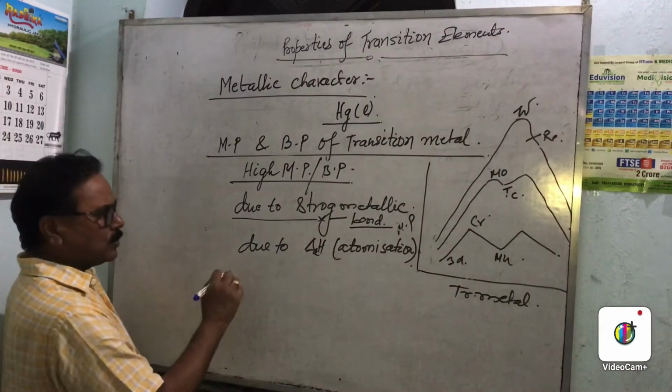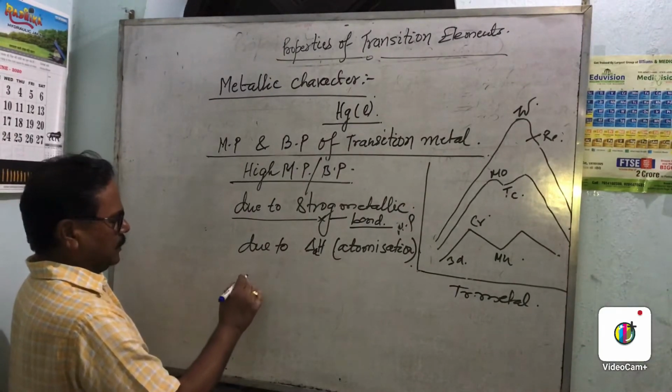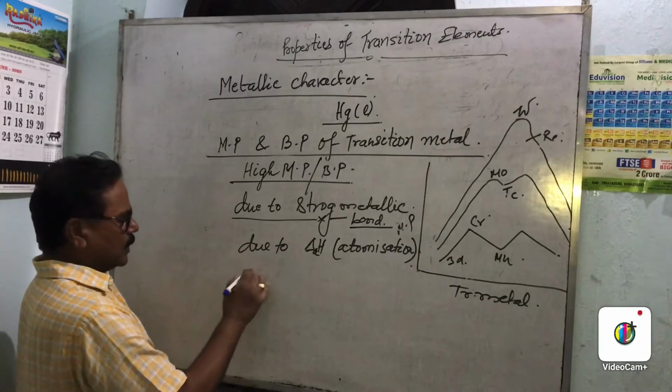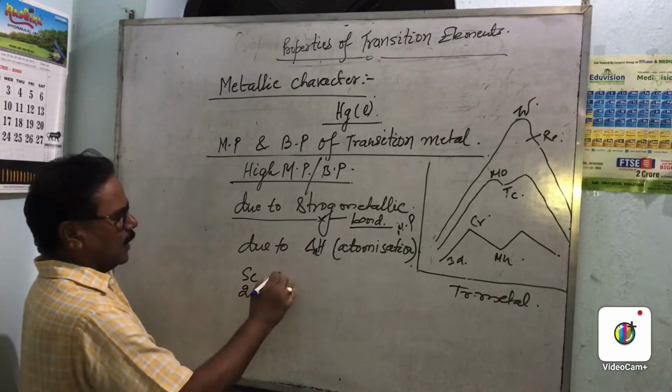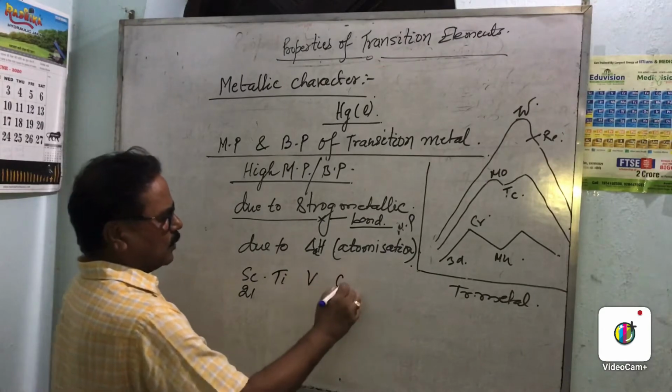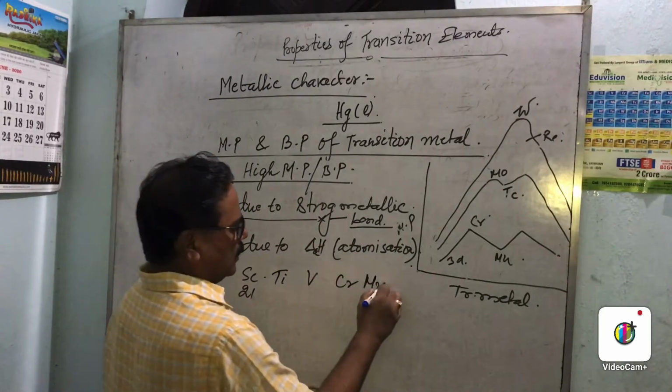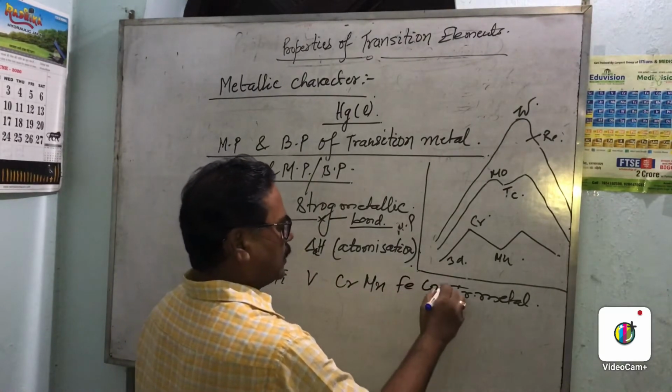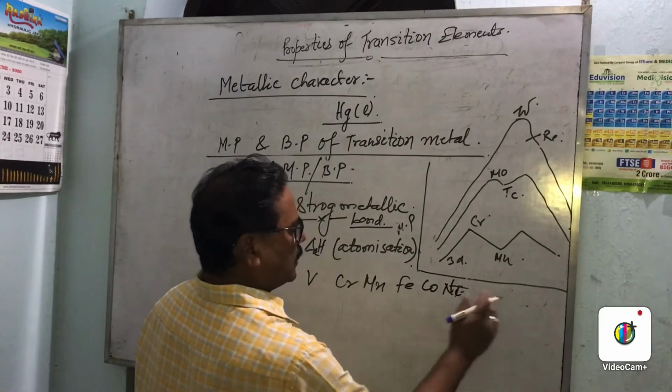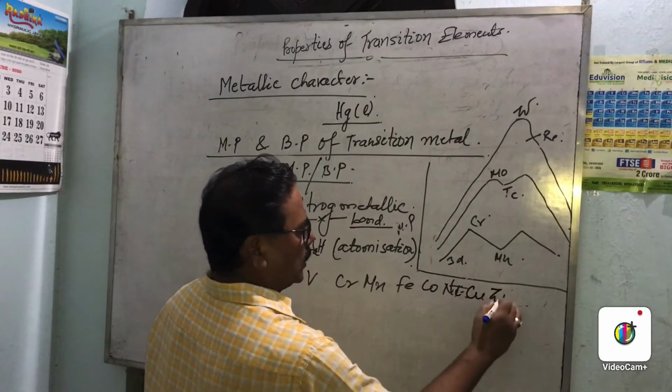So how will this happen? If we come from scandium 21, then titanium, vanadium, chromium, Mn, then iron, then cobalt, then nickel, copper, and zinc.